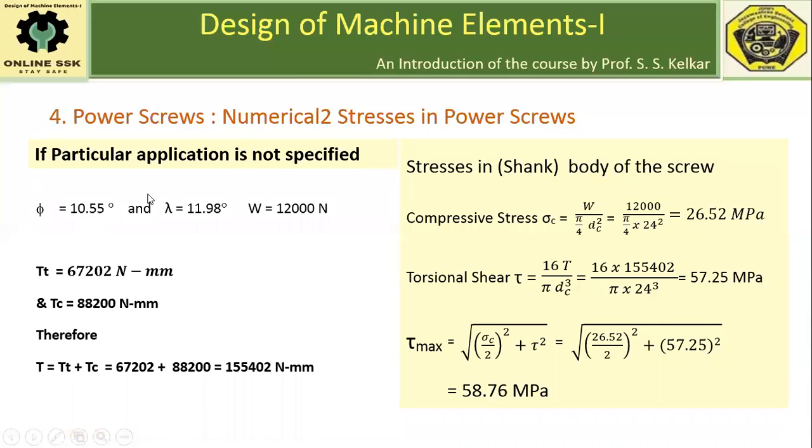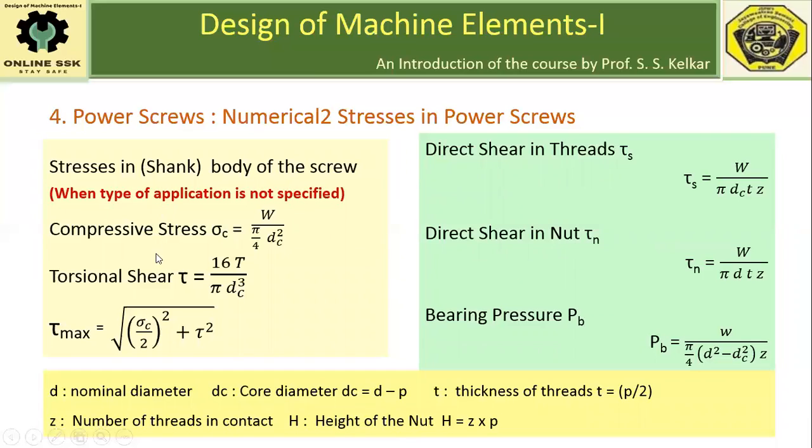The overall stresses developed will be in the form of compressive stress given by W upon pi by 4 dc square, and torsional shear given by 16 T upon pi dc cube. The equivalent maximum shear stress will be calculated based on the formula root of (sigma c upon 2) square plus tau square.